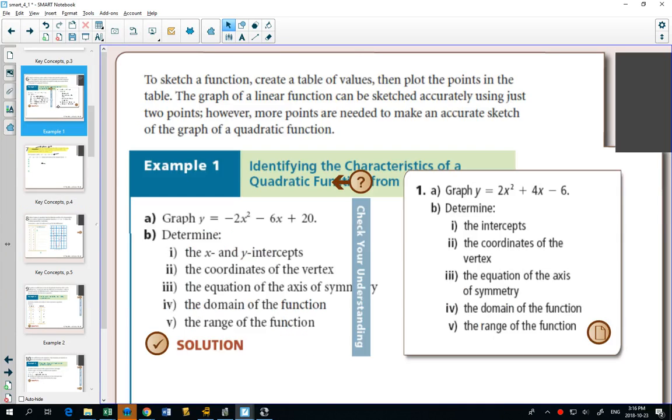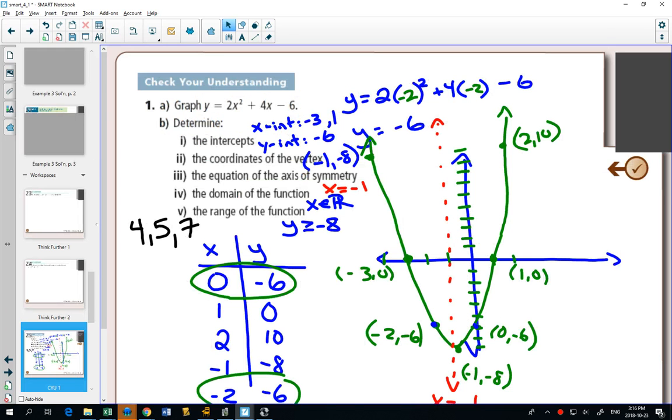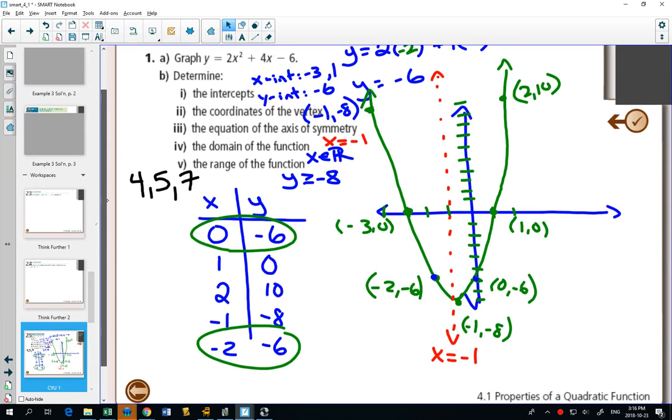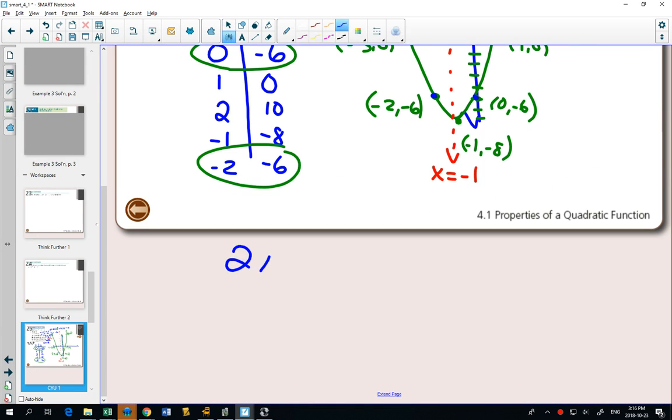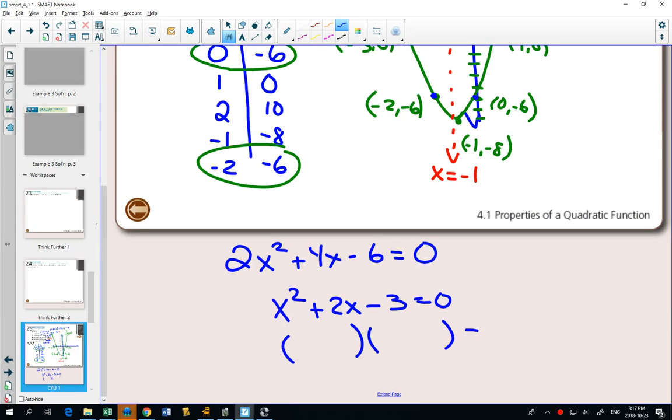So if we go back to the one that we did, can you see that we found x-intercepts at -3 and at 1? If I took our original equation, 2x squared plus 4x minus 6, and I made it equal to 0 instead of equal to y, can you see that you could divide everything by 2? That changes your equation to x squared plus 2x minus 3 equals 0. This is an easy one to factor.